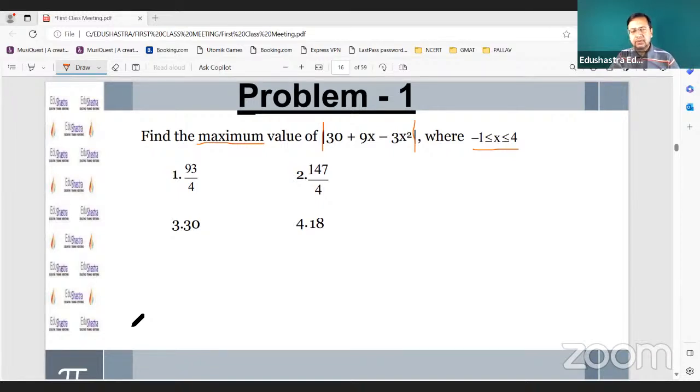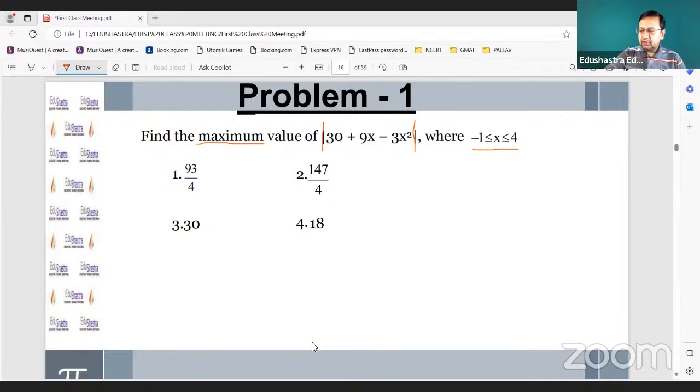Okay. Anyone wants to give your option out of the given four options? No? Okay, no worries. Let's solve.